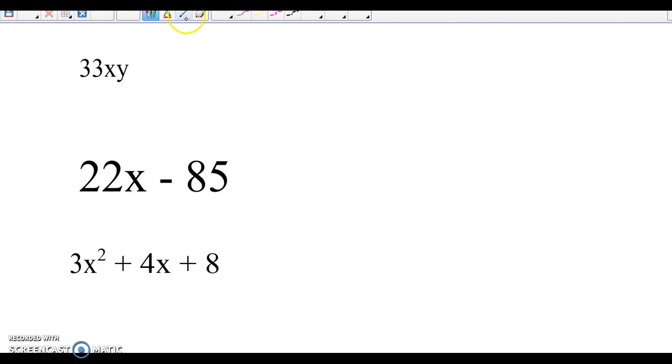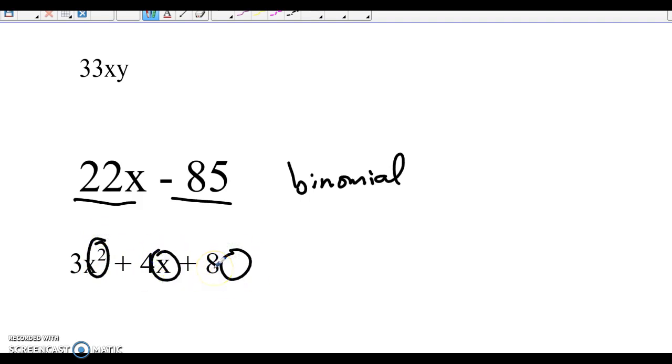Below here, we've got two terms, 22x and negative 85, so we would call this a binomial, as it has two terms. And below we have a three-term expression, right? It's three terms because x squared, x, and no variable. You can make a claim that this is an x to the first term, x to the second term, and this is really an x to the zero term, which we wouldn't write.